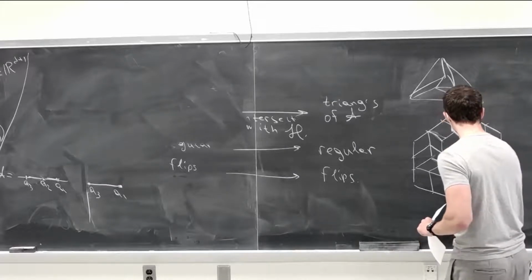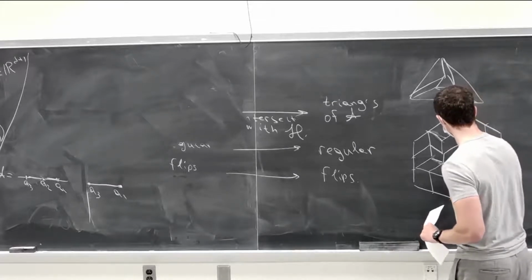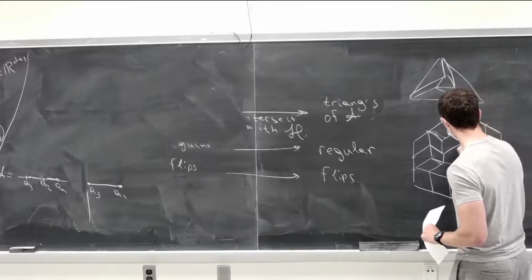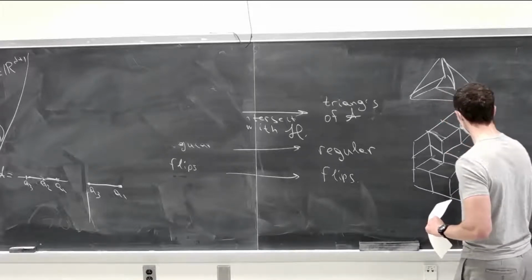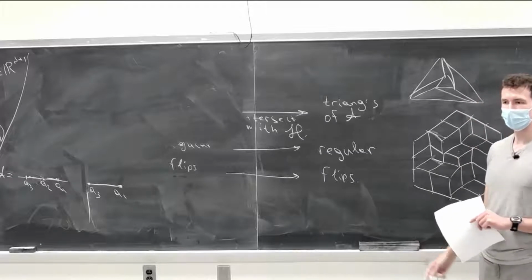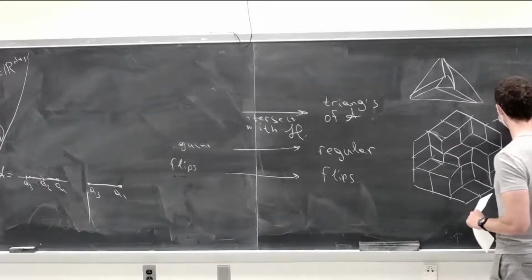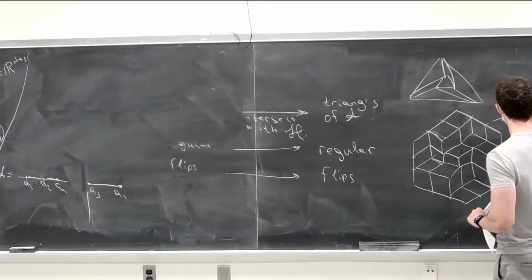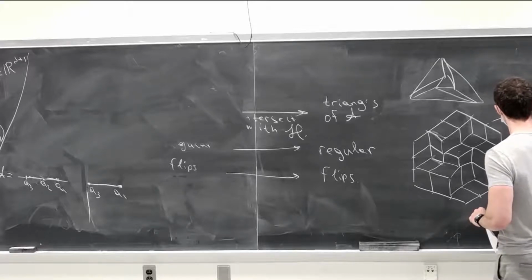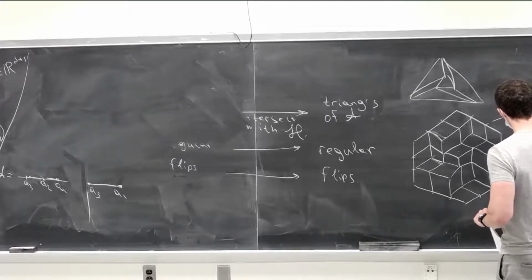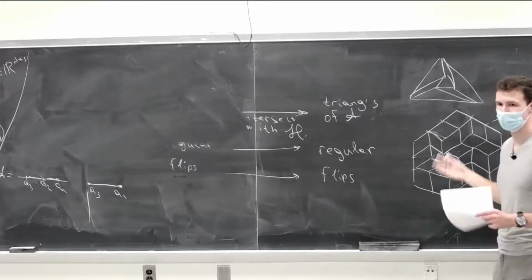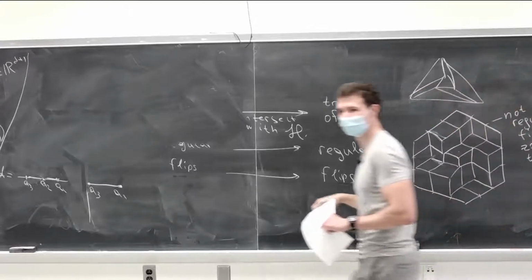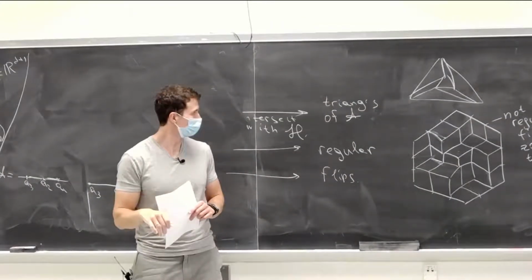And I'm going to connect these into what I'm supposed to see here, a regular hexagon. And then I'm going to draw this. And this is a non-regular fine zonotopal tiling of a hexagon. That's pretty cool.